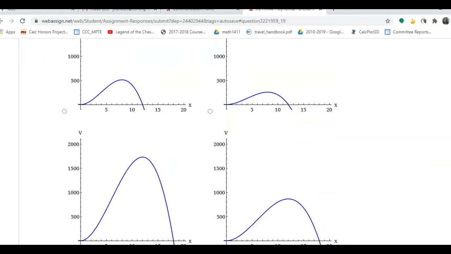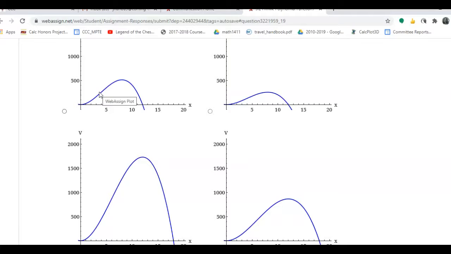So on the x-axis, notice that it's going from 0 to 20. So I'm going to change that in my graphing calculator. And the scale is going by ones, the tick marks, that is. And then from here to here, it's going from 0 to 2,000. And let's go by 100s.